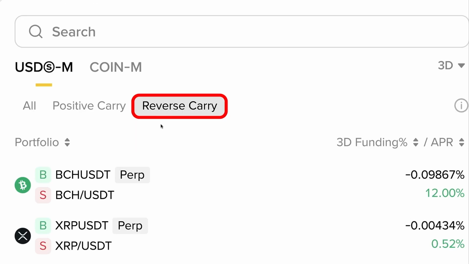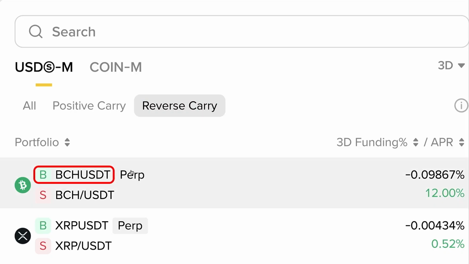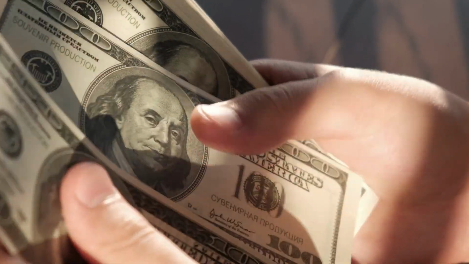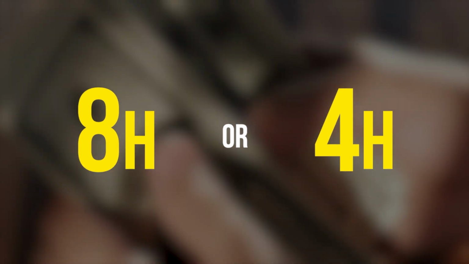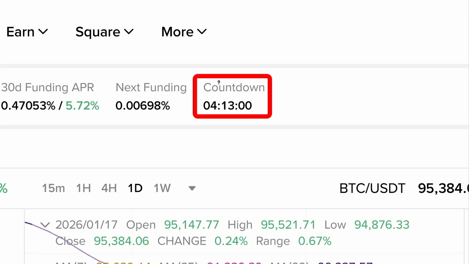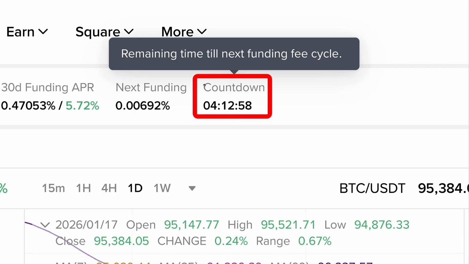Then the reverse carry does the same the other way around. First it longs the asset, so it buys the asset on perpetual futures, and it sells on spot using margin. As a result of doing this, you can earn the funding fee every 8 hours or 4 hours depending on the trading pair. Here is the countdown that shows you when the funding fee will be received.